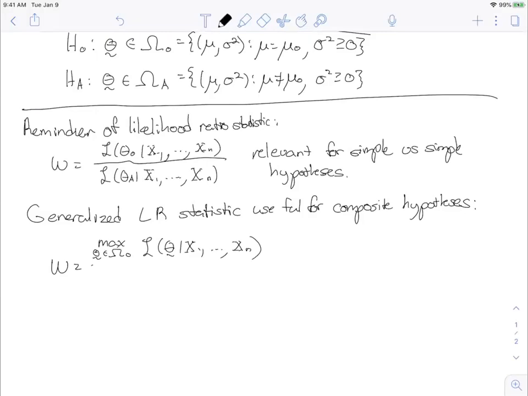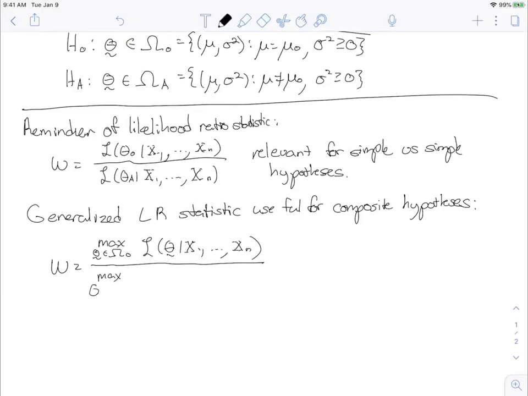So it's just like above, except now I don't have a single number, theta 0, to plug in. What I want to do instead is find, subject to the constraint that the null hypothesis is correct, the best possible value of theta subject to that constraint. And then for the denominator, it's the same thing.